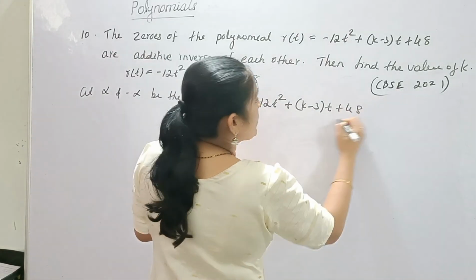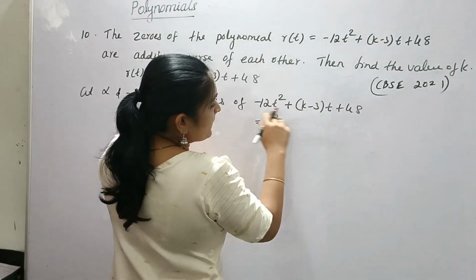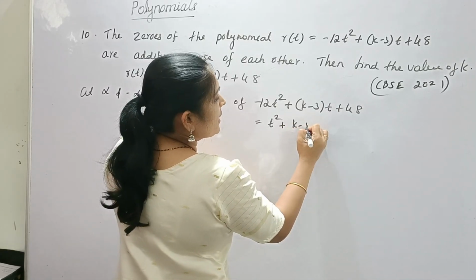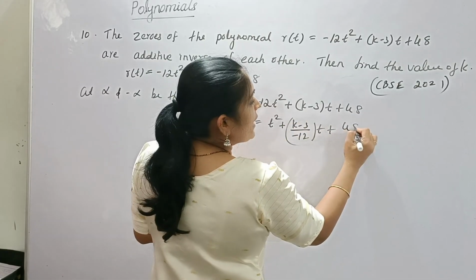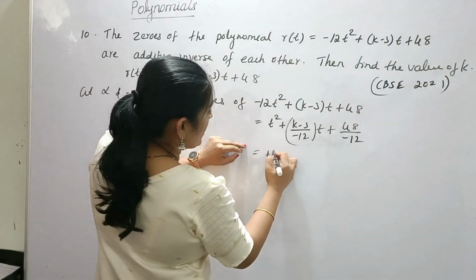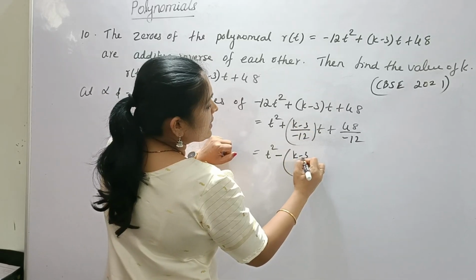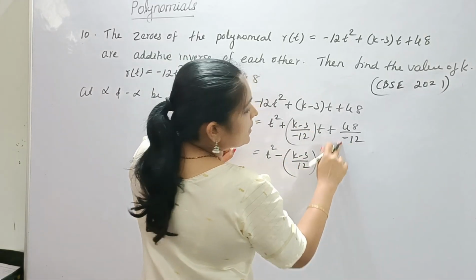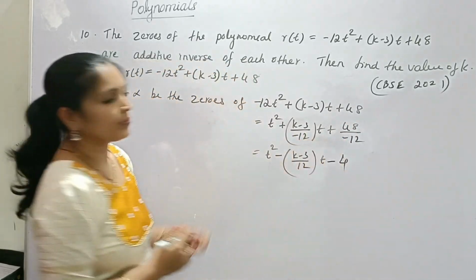So it is equal to t square, divide throughout by minus 12, plus k minus 3 by minus 12 t plus 48 divided by minus 12. Okay, that is equal to t square minus of k minus 3 by 12 t. Here 48 by minus 12 is nothing but minus 4.